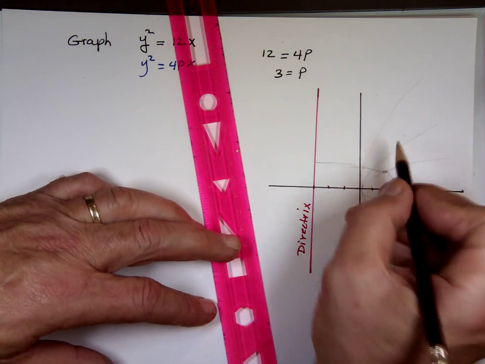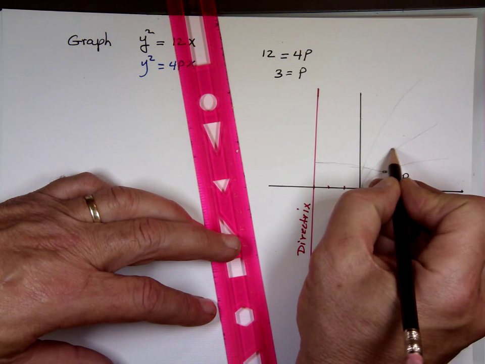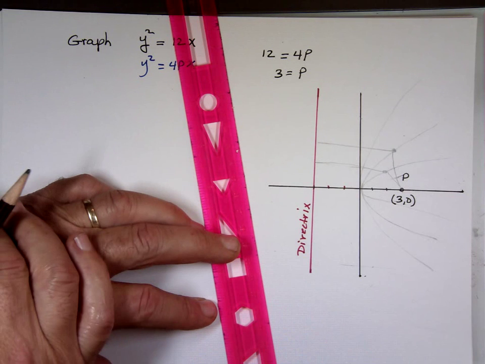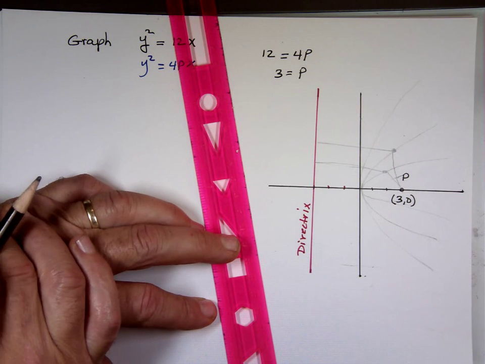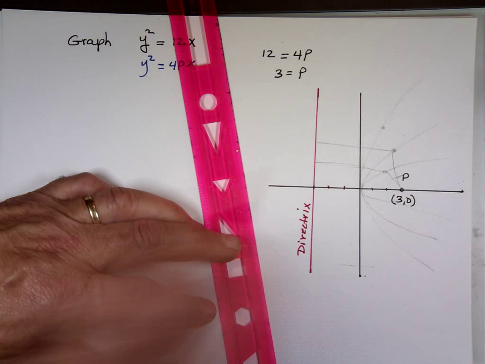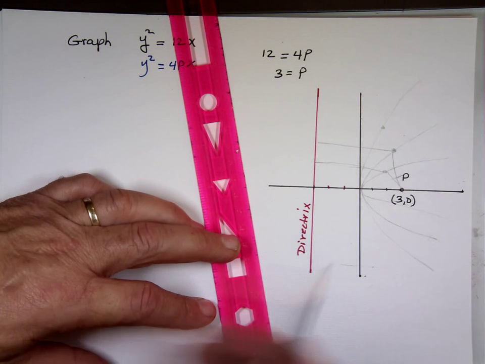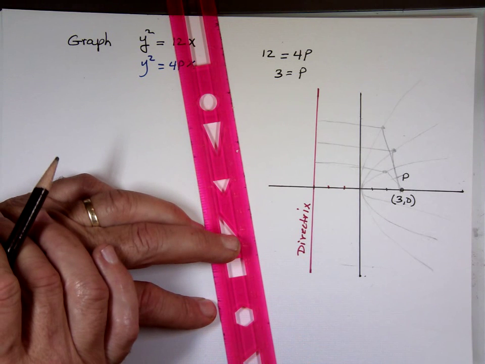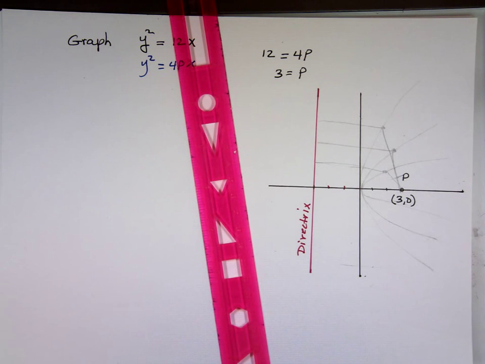If I pick the middle one, is the distance from here to P the same as that distance? Still not yet, right? What about if I pick this one? Is the distance to P here the same as that? That looks close. So out of the 3, that looks the closest one.